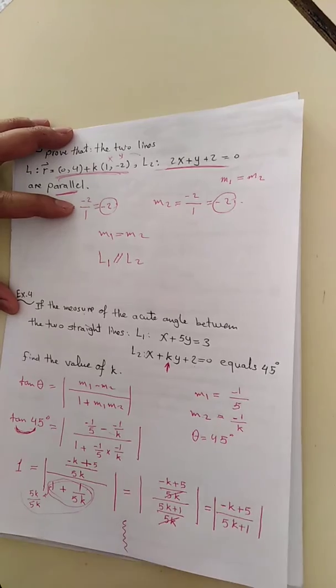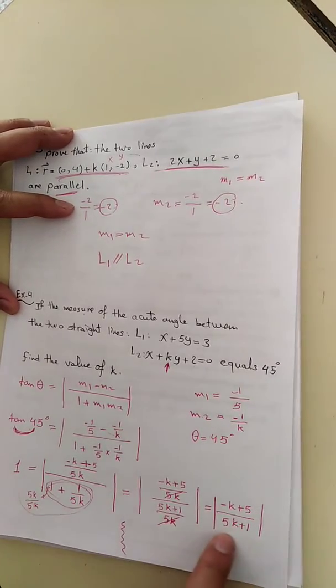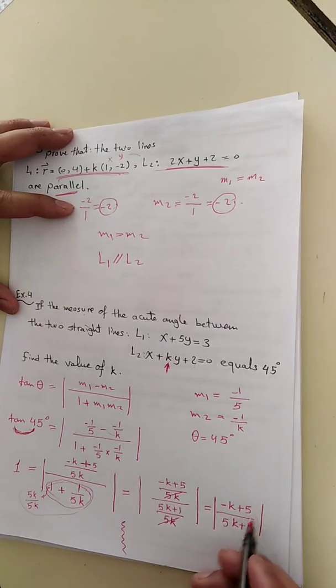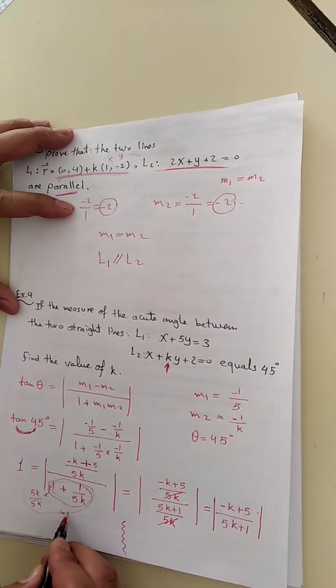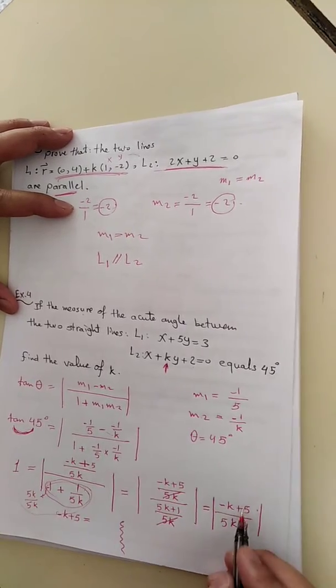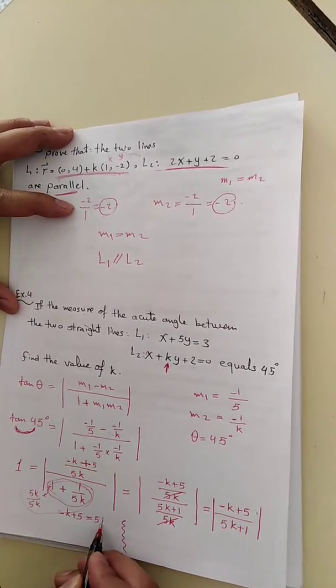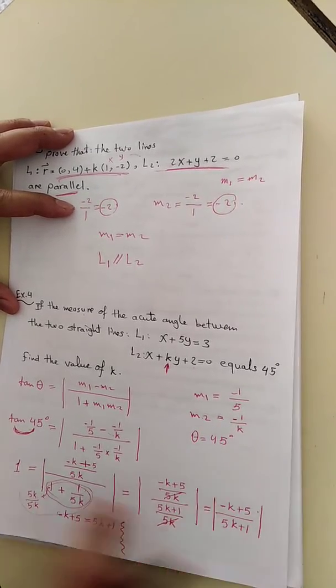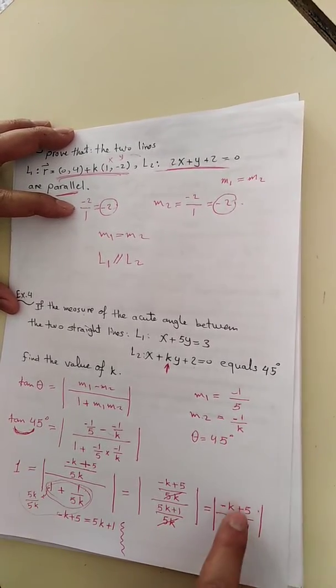And hence, we can write the absolute value equals 1, then the inside: negative k plus 5 equals the denominator. If this fraction equals 1, the numerator equals the denominator.